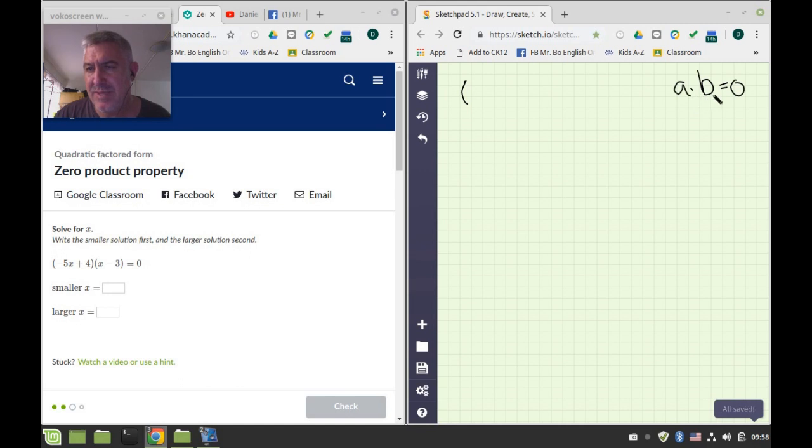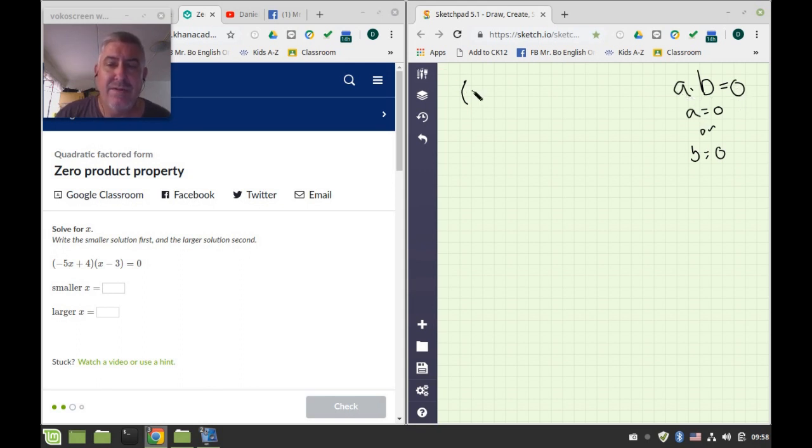If a times b equals 0, then that means a equals 0 or b equals 0 or both, because if a is 0, then b can be 2 or 15 or a million, it doesn't matter, and the answer is 0. If b is 0, then a can be negative 5 or square root of 7 or e to the 5th power, it doesn't matter, and this is all 0.